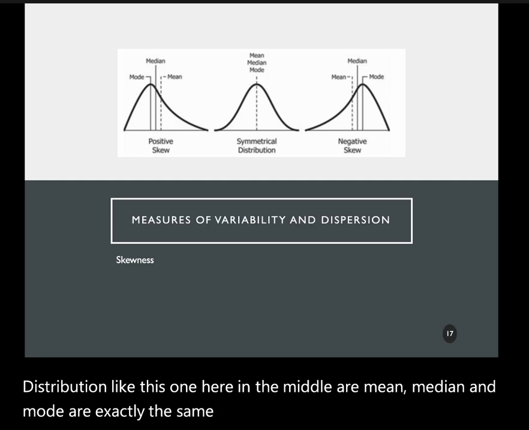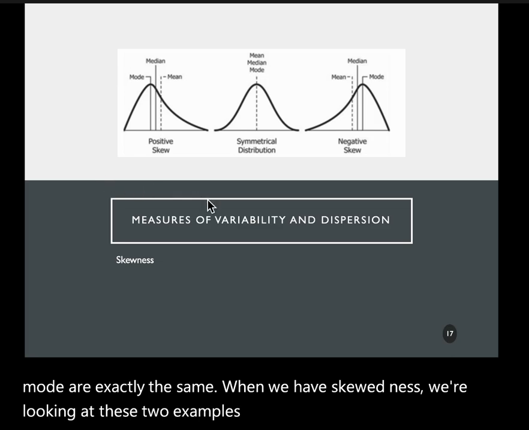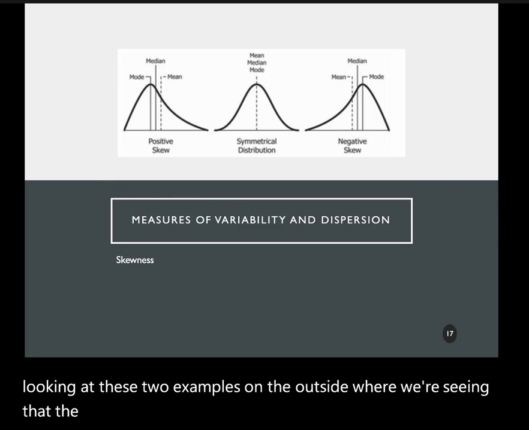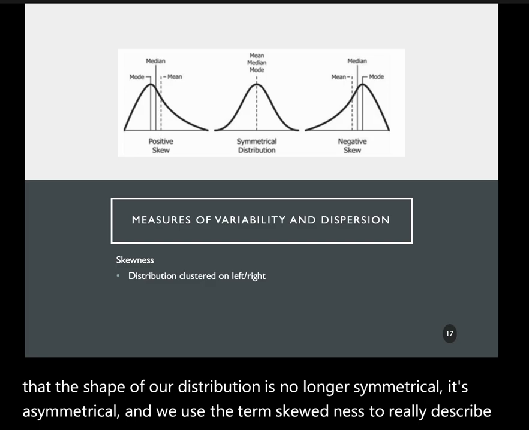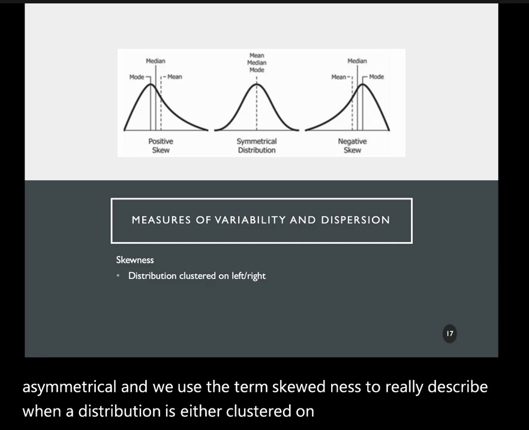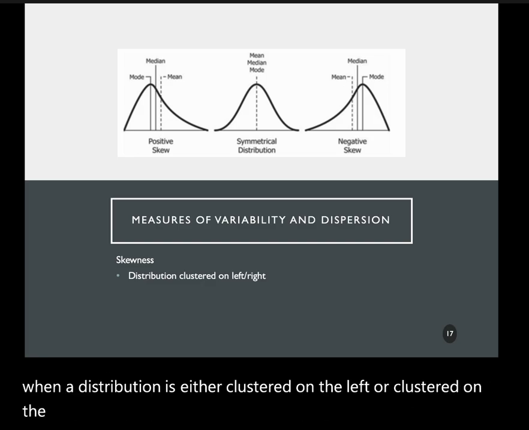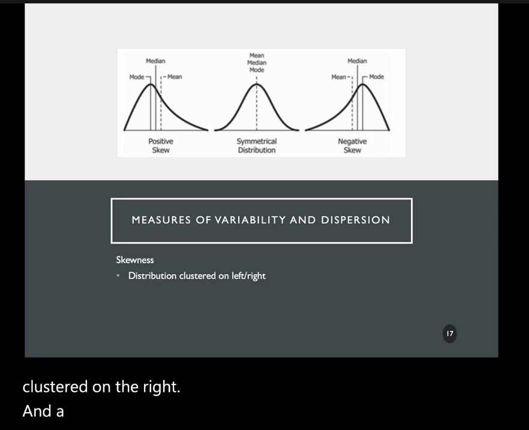When we have skewedness, we're looking at these two examples on the outside, where we're seeing that the shape of our distribution is no longer symmetrical, it's asymmetrical. And we use the term skewedness to describe when a distribution is either clustered on the left or clustered on the right.